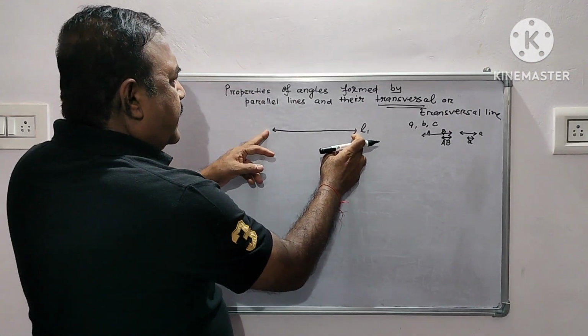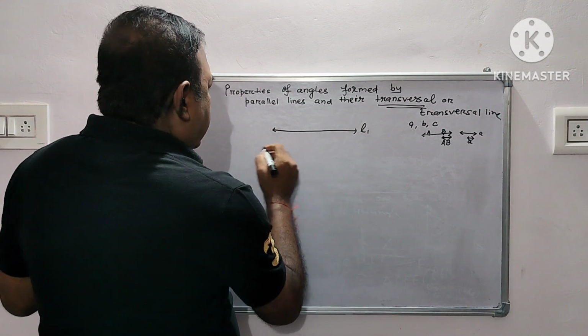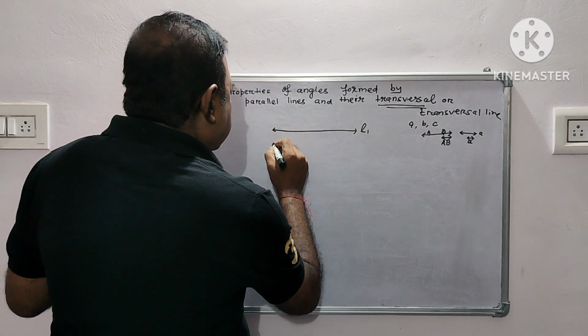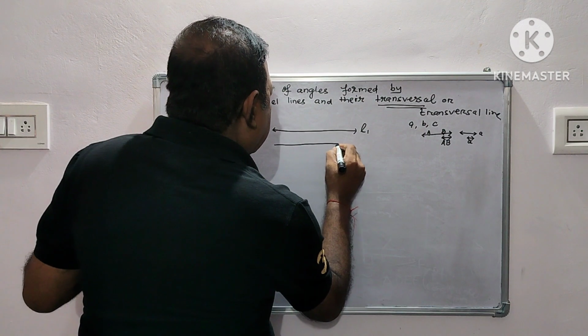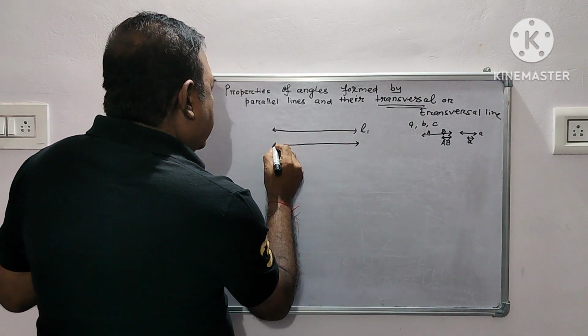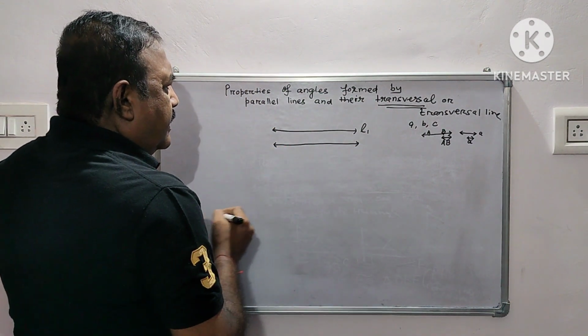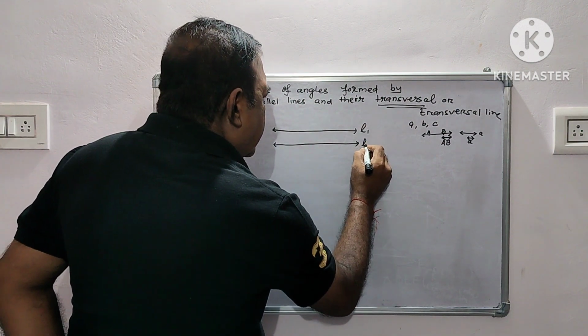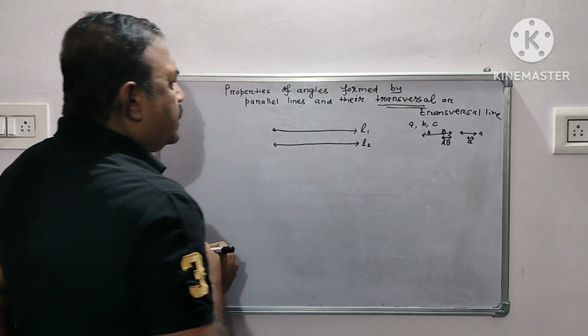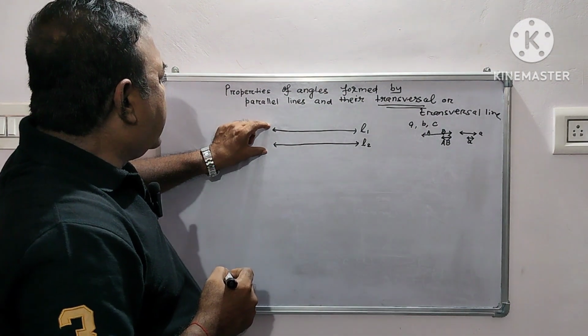So here I represent one line. Suppose I represented this line, let it be L2. So these are two parallel lines.